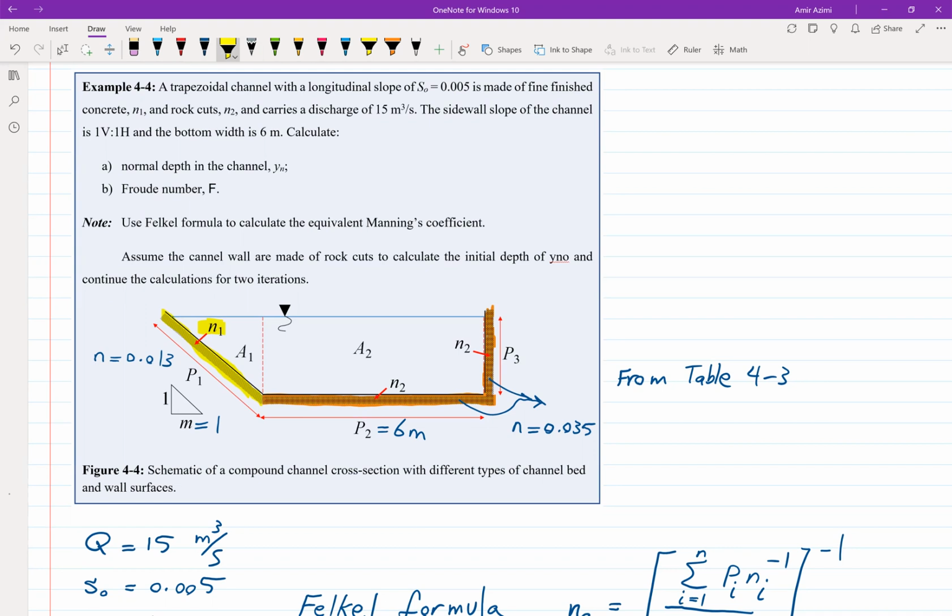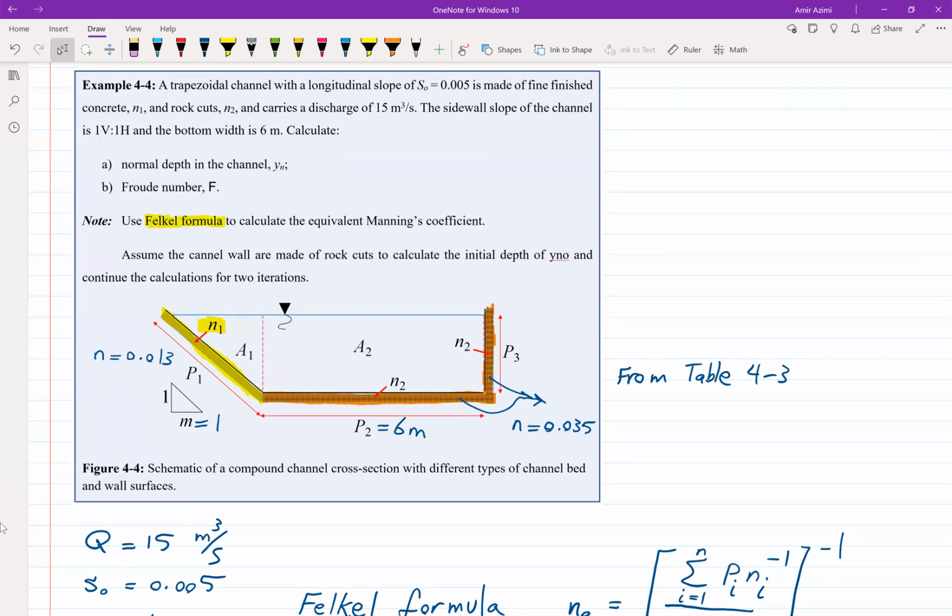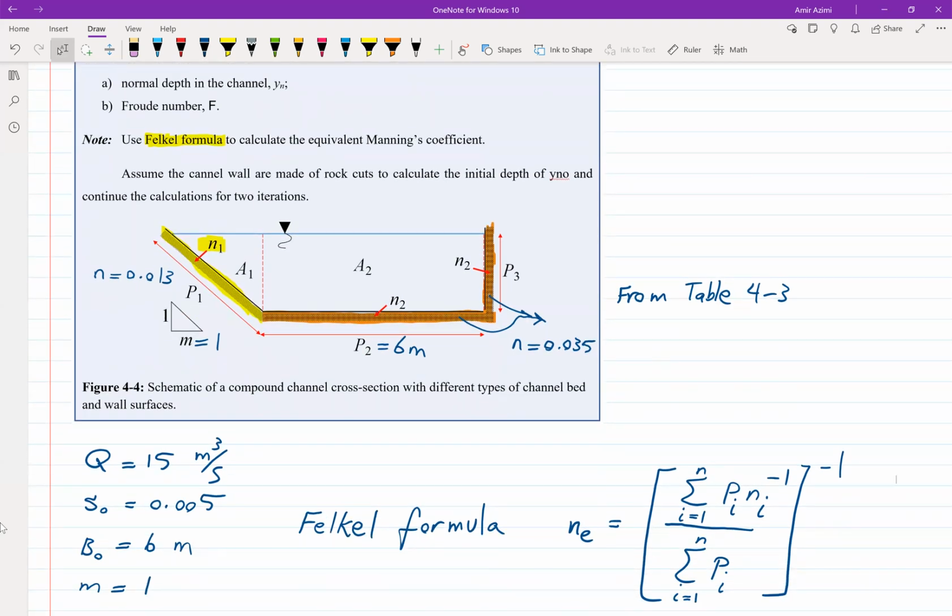So the question suggests to use the Felkel formula to calculate the equivalent Manning coefficient, because we have different types of roughness. So we need to find the average. Assume that the channel wall is made of rock cuts, calculate the initial depth, and continue the calculation for 2 iterations.